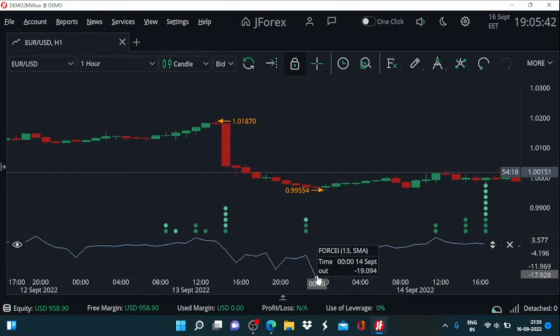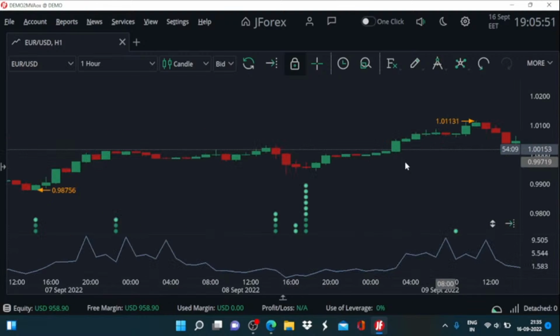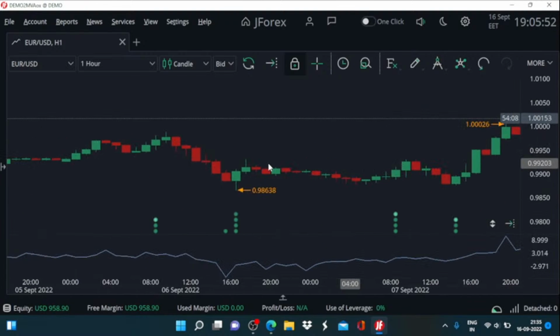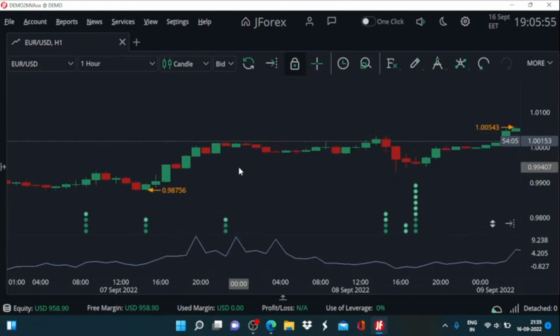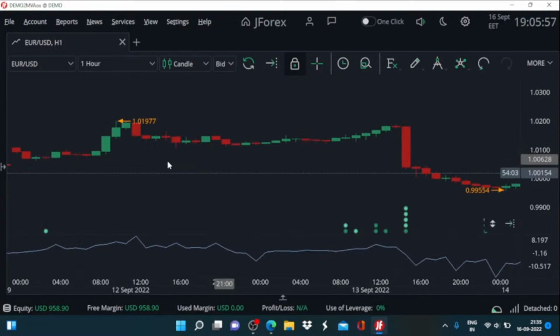If the force index is in negative territory, indicating bearishness, the momentum is on the bearish side, so that will be indicative of opportunities to go short.